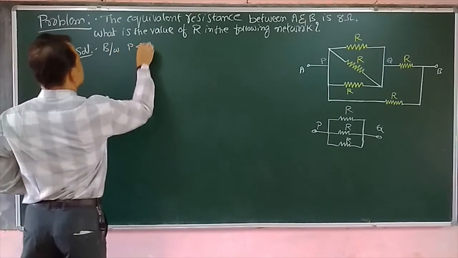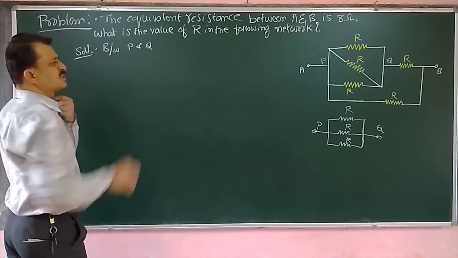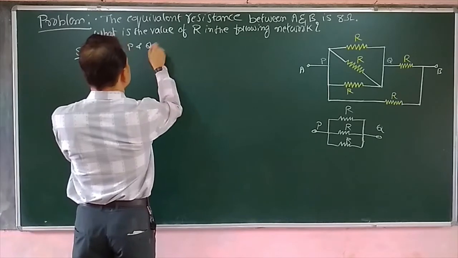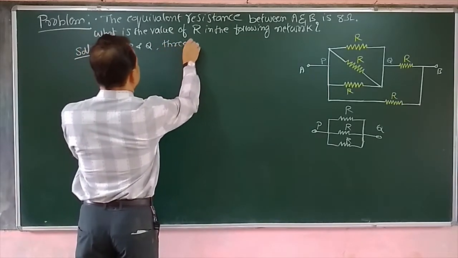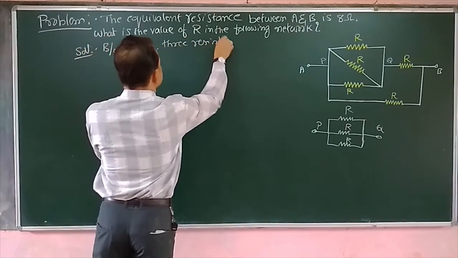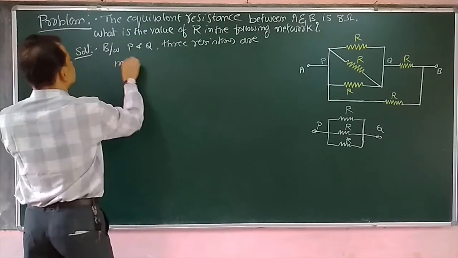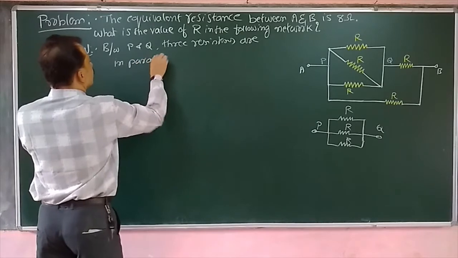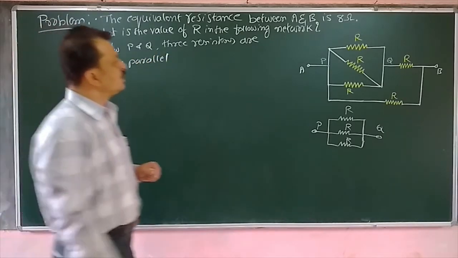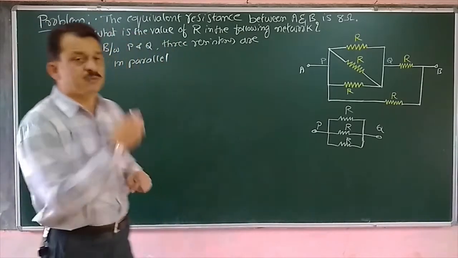Between P and Q, the 3 resistors are in parallel, and all the 3 resistors are equal.